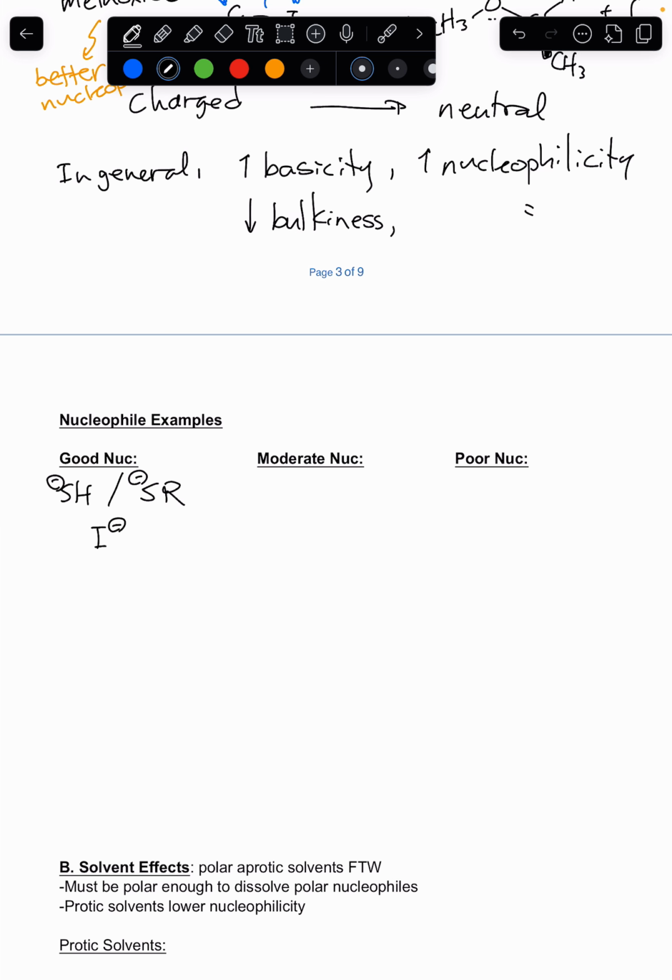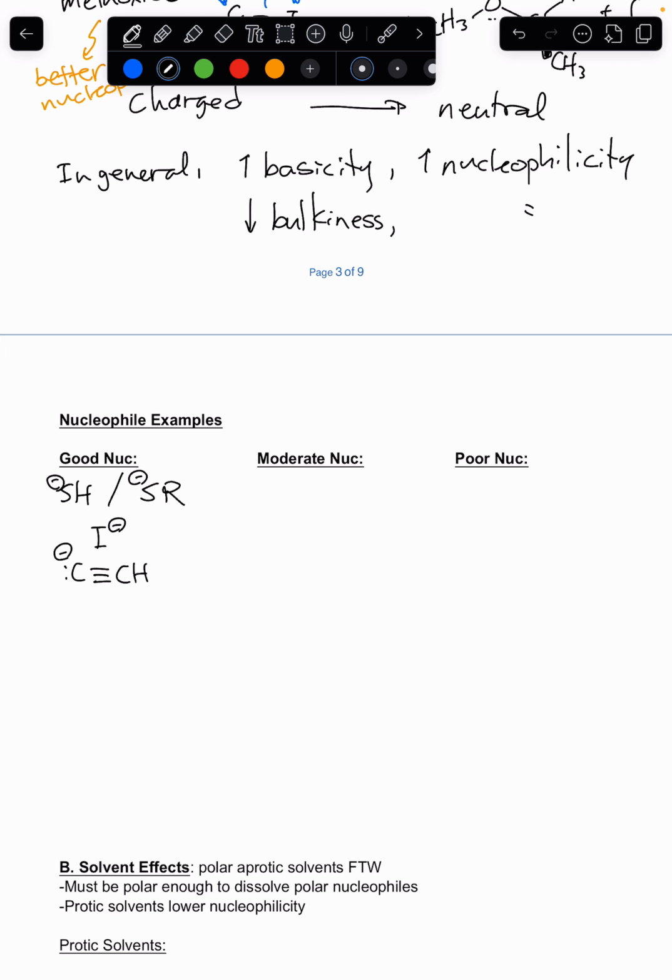Another really good one, iodide, for similar reasons. It's got a negative charge, so it's electron rich, which is good for nucleophilicity, but it's also big, meaning it's very polarizable. Another might be the alkynide or acetylide type of anion.